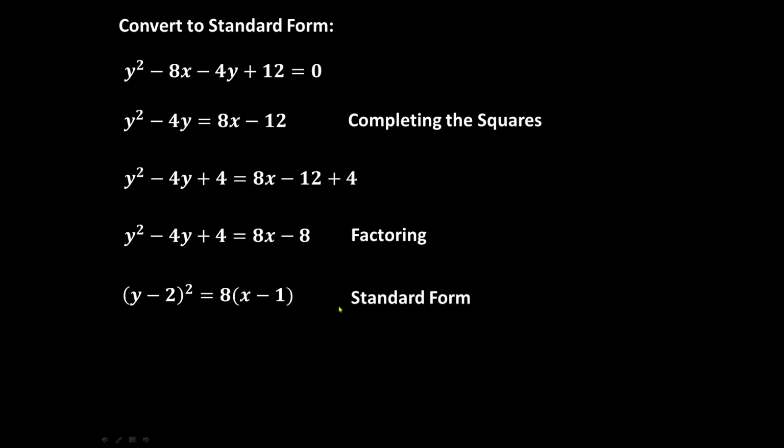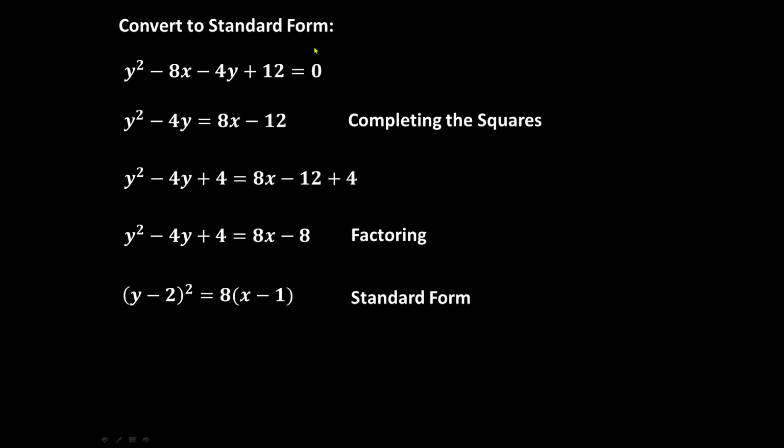Sa makatuwid, yan ang ating standard form ng ating parabola. Kanina, ito yung given natin at yun ang hinanap. Ngayon naman, ito yung given general form, kinonvert natin into standard form. Now, napakahalaga na marunong kang mag-convert from general form to standard form.